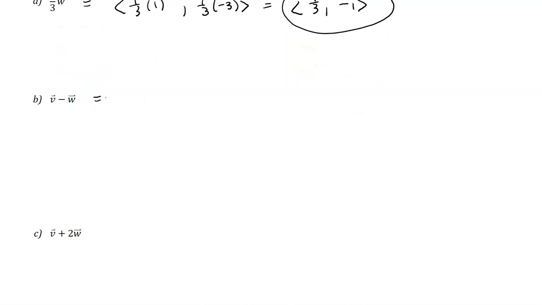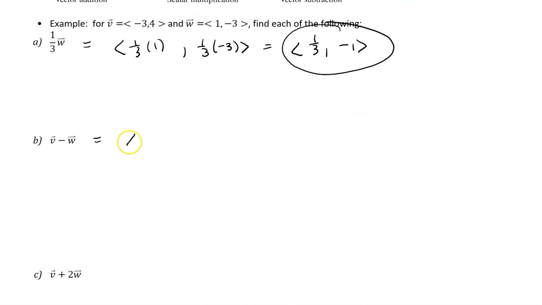For this one, I've got v minus w, so that's going to be -3 minus 1 and 4 minus -3. So that's -4 and 7.